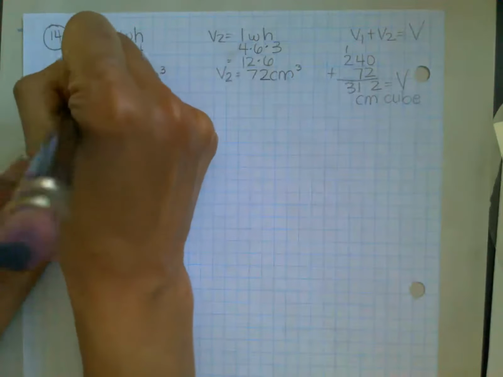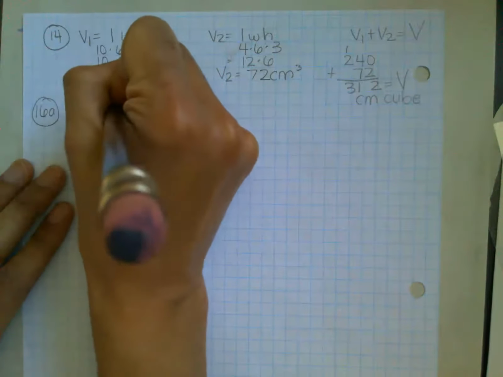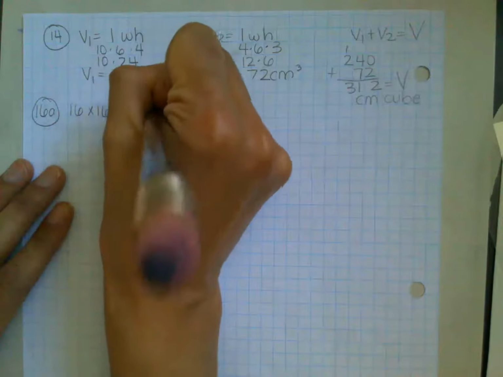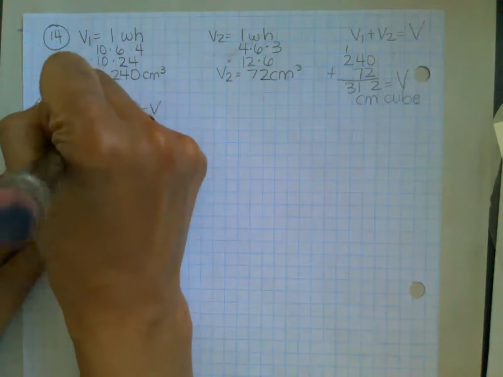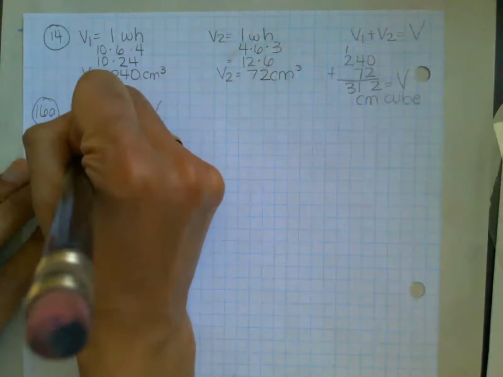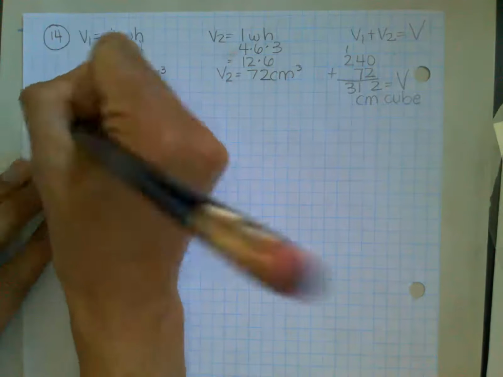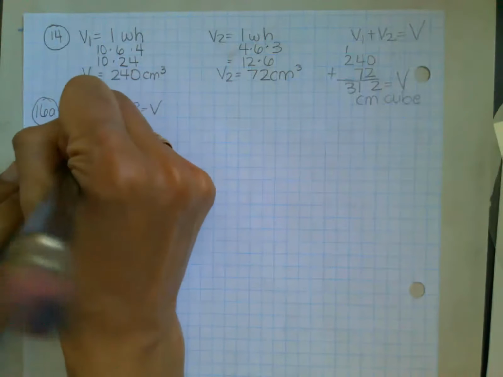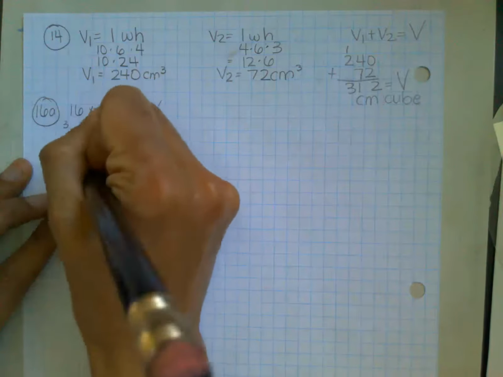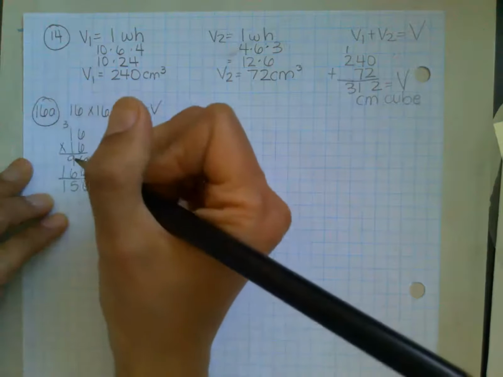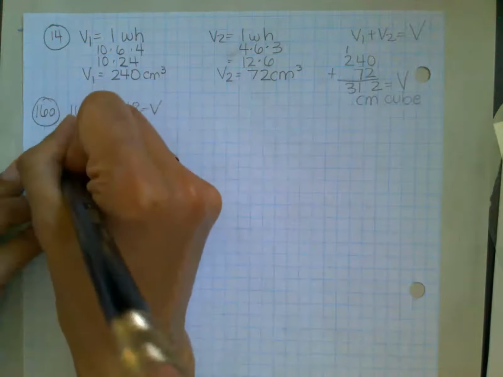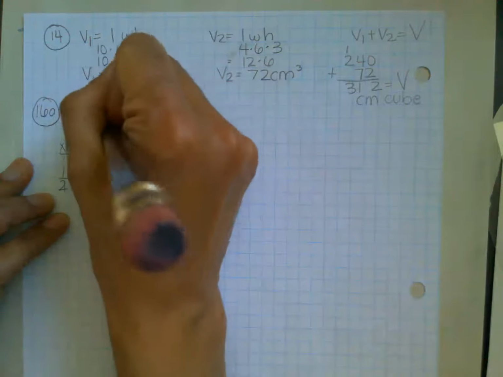And I have 16 times 16 times 18. So 16 times 16, 256.